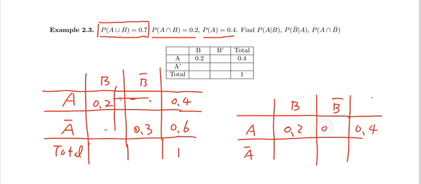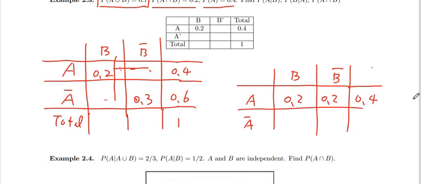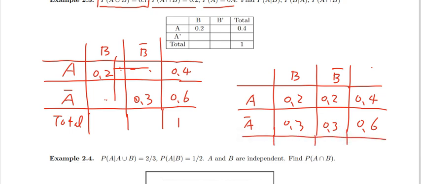Okay, so this is 0.2, and this is 0.6. And this is 0.3, so this is 0.3. Okay, so we have this table, so we can answer the question.